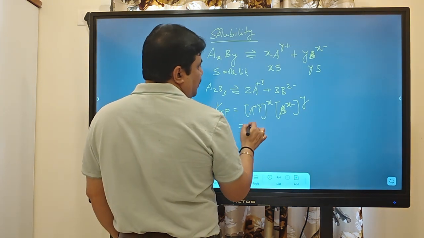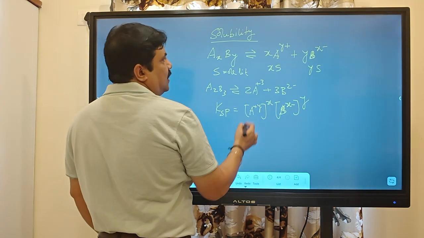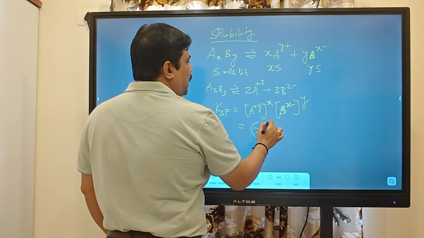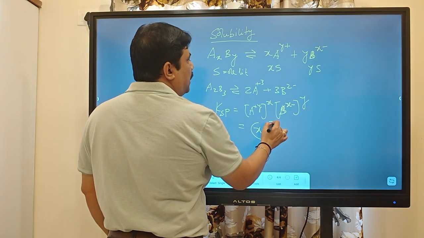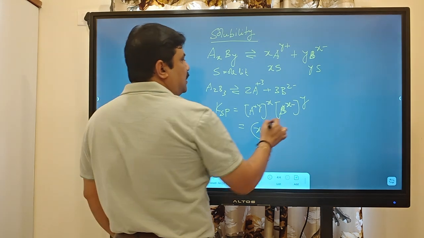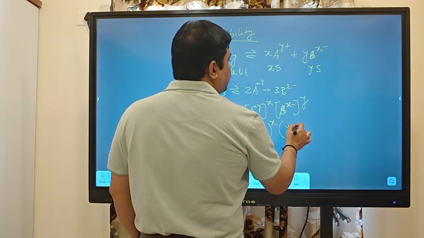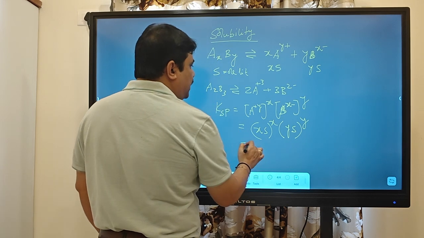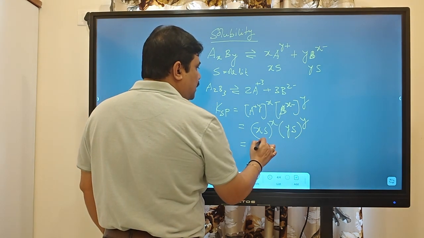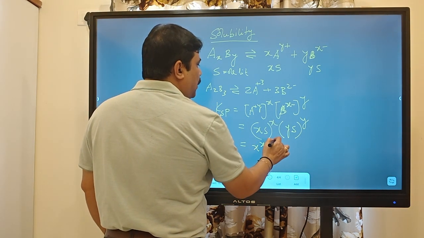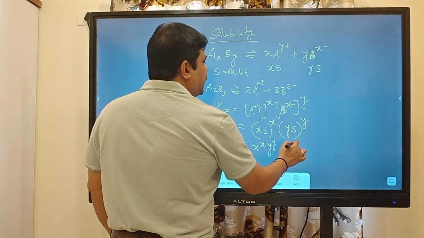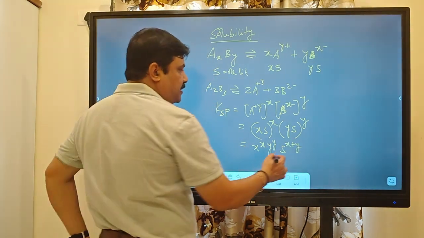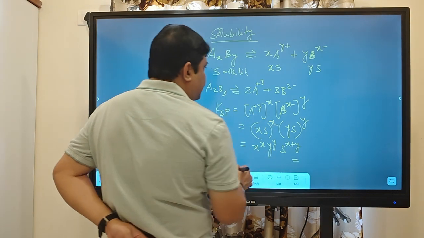Now A is their concentration xS, so xS to the power x, and then B is yS to the power y. So immediately what we are getting? x to the power x, y to the power y, S to the power x plus y. Then immediately you will get the Ksp expression.